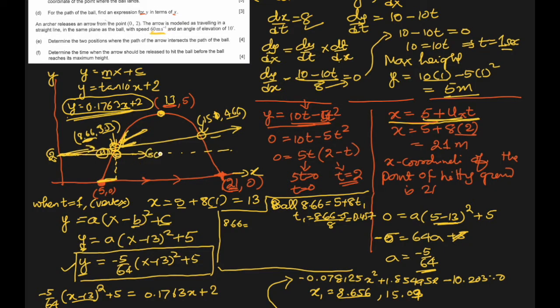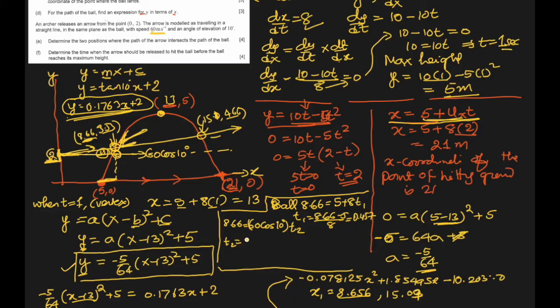So here it will be 60 cos 10 degrees, the speed, times time. Okay, it's in a straight line. We are starting from 0. In y component we are starting from 2, but in x component we are starting from 0, so there is no need to add anything. Just find t2. Let's call it t2.